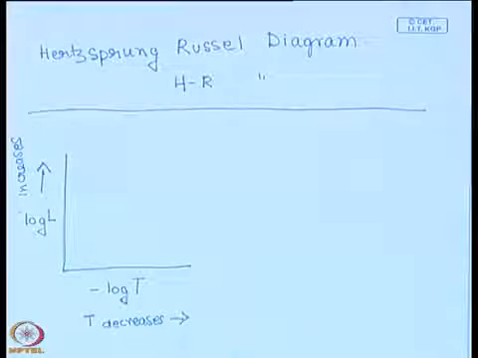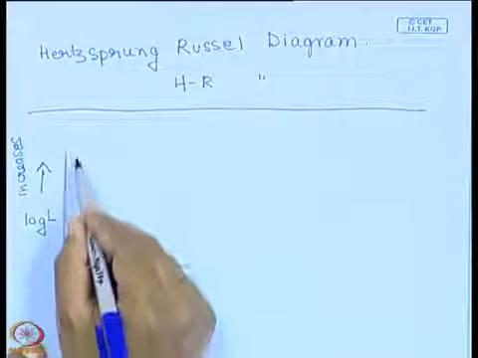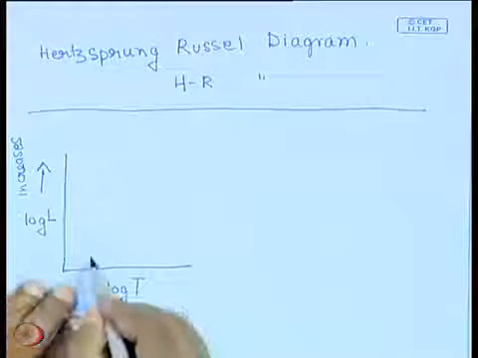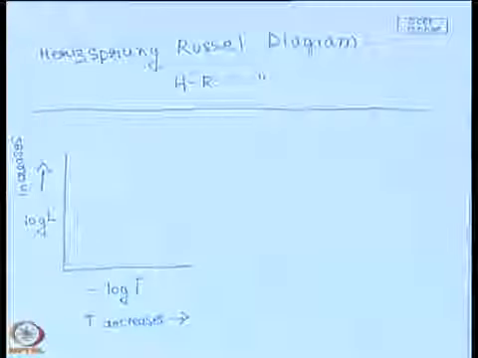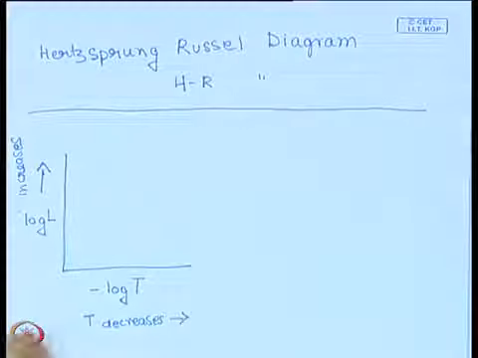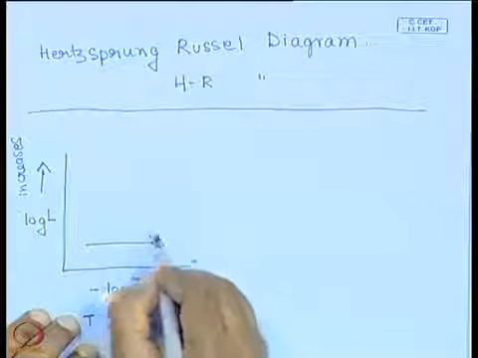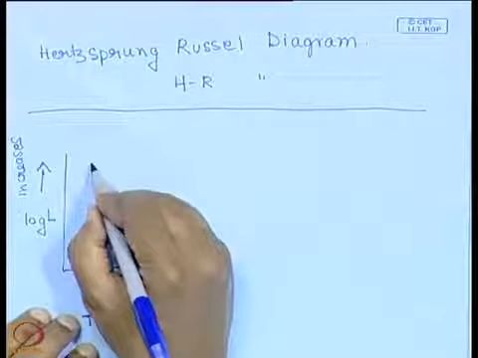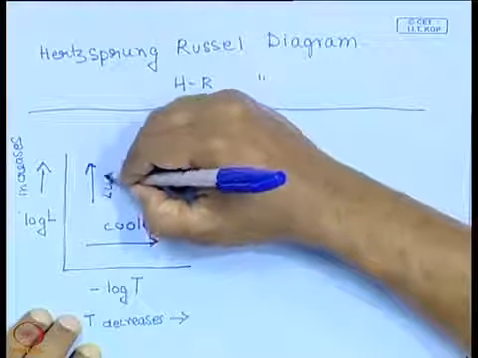So, the more luminous an object, the higher up in this diagram it will appear, and the cooler an object is, the more to the right it will shift. Okay. So, let me again make this point clear, this side is cooler and this side is more luminous.